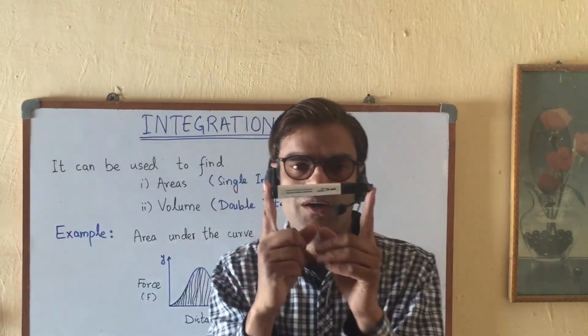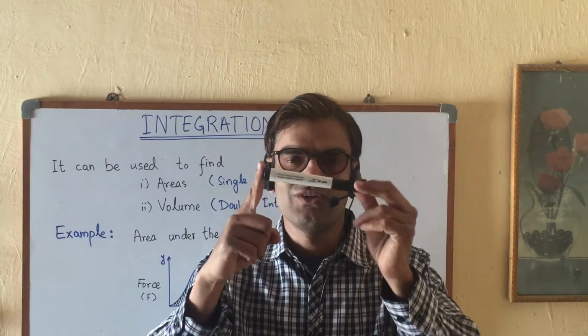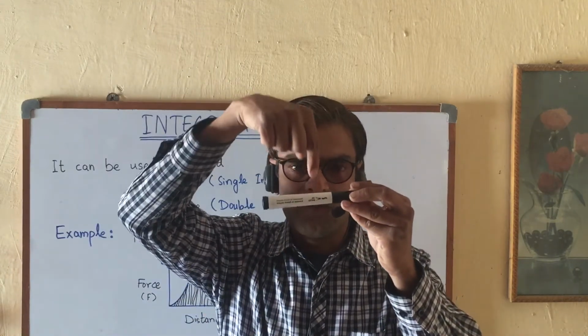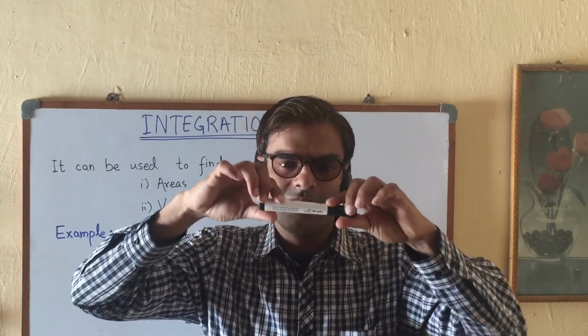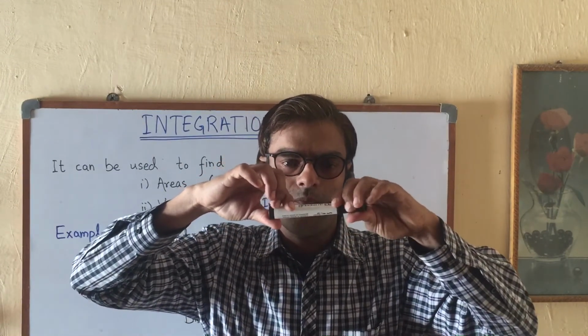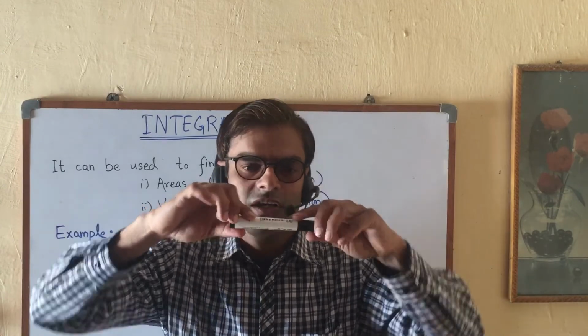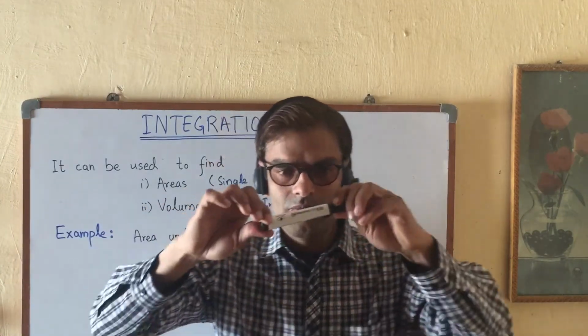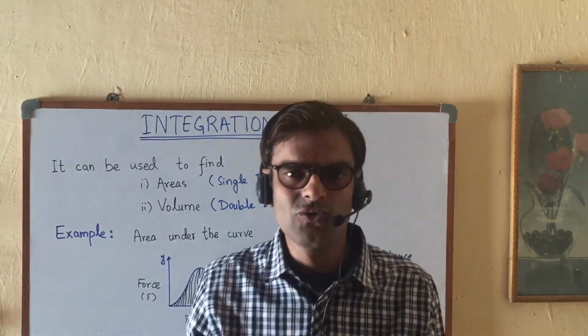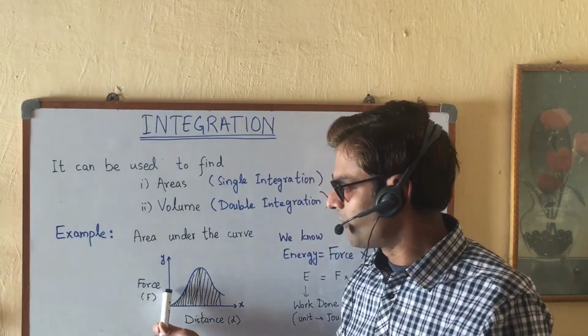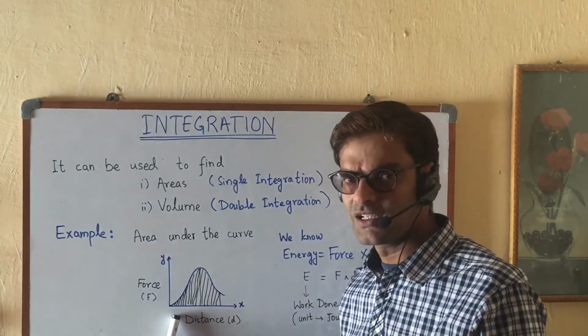You do a 3-point bending test, with two supports, and you apply a load on top. As you apply load, the material will bend. So you will see a graph as you apply force against distance.